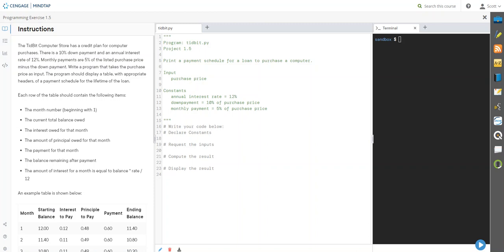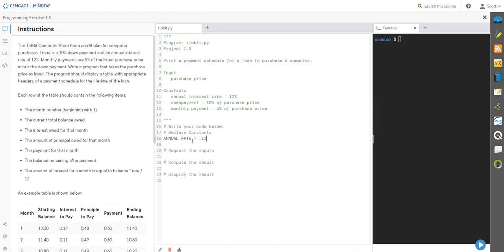And let's say it's going to be 12%. On this line, I'm going to declare annual rate, all uppercase, all capital letters. Separate words by an underscore, not a dash, underscore, when needed.